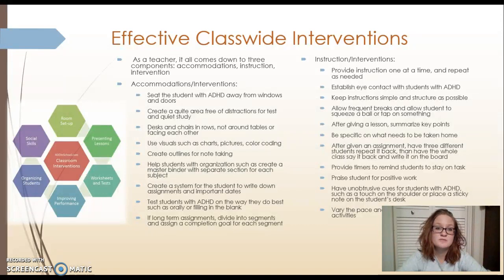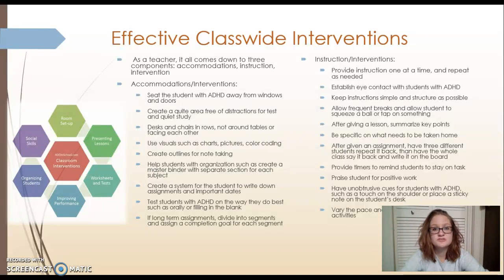For example, if a student performs well orally or with fill-in-the-blank tests, provide those options. If you have a long-term assignment, divide it into segments and assign a completion goal for each segment so the student knows what needs to get done in a timely manner.